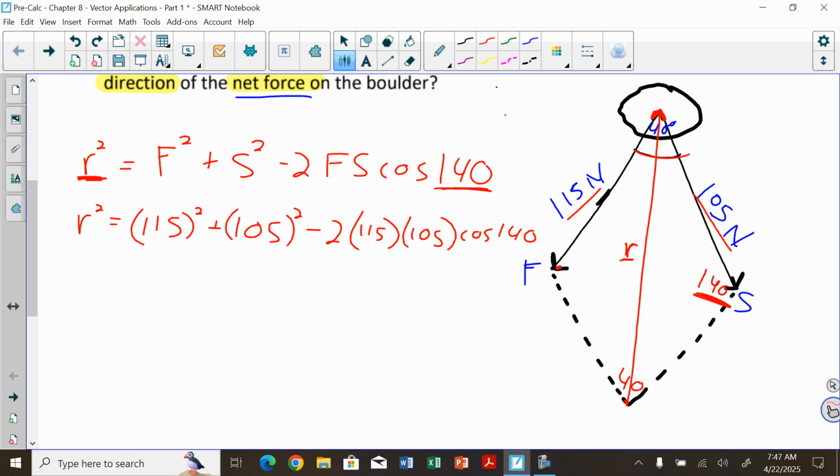The hardest part was getting the picture drawn and getting the information that we needed, and now we're ready to go from there. So I can punch that in my calculator, and remember, take the square root at the end, and you're going to get r equal to about 206.76 newtons, and that acts as the magnitude. That's this whole thing here, because we're trying to find that side. It's basically finding the missing side of a triangle.